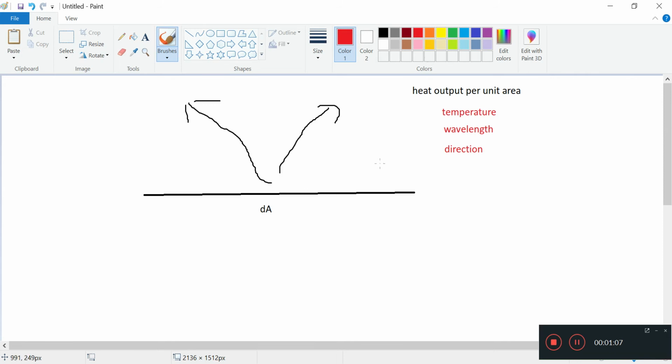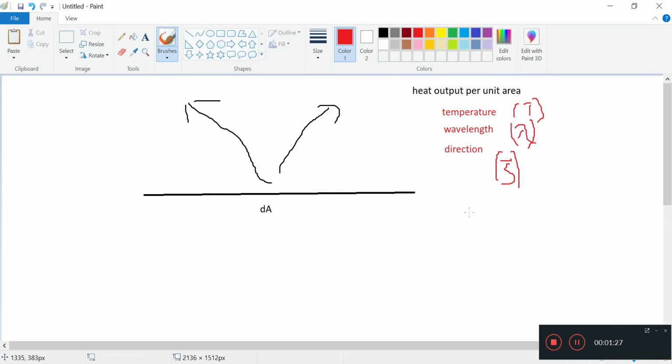So this is a temperature variation. This is lambda, wavelength. Let me write that properly. Lambda. And this is direction. Sometimes books will like to use S.